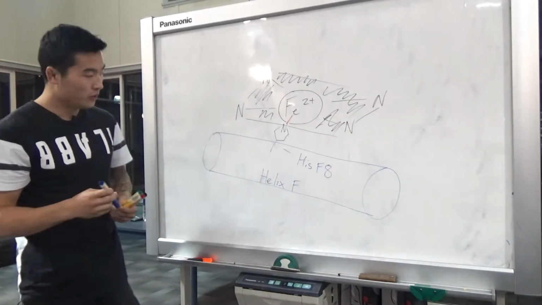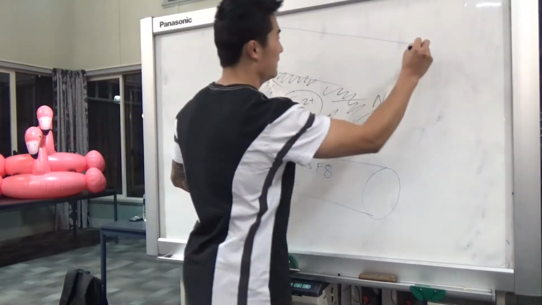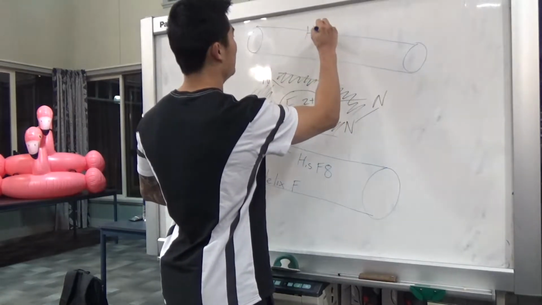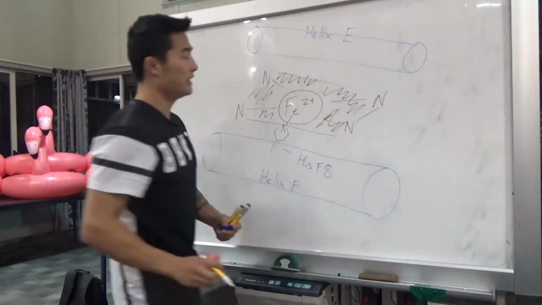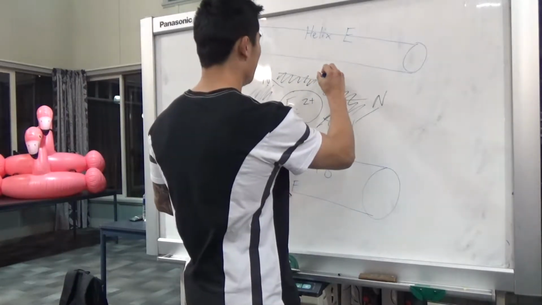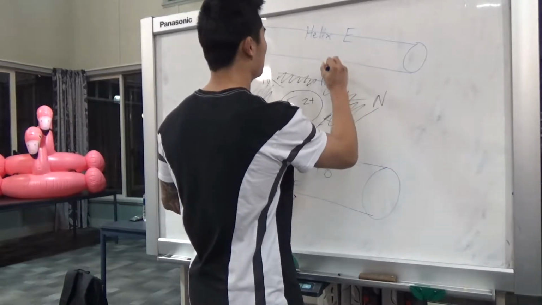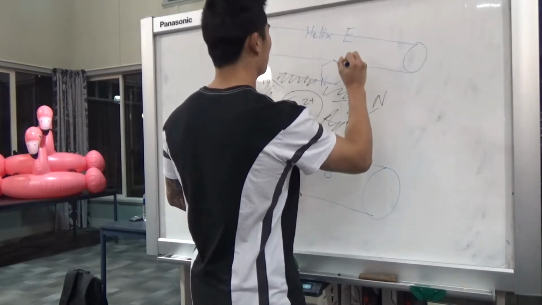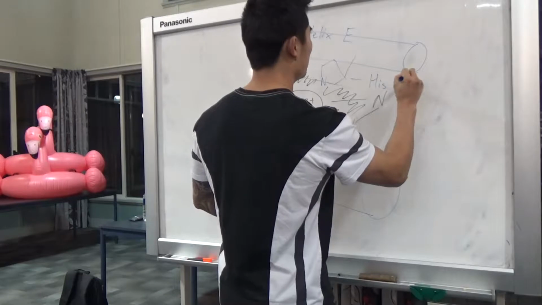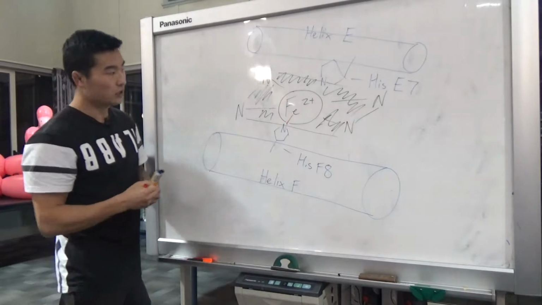Okay, and so on the top you're going to have another alpha helix, and this one is helix E. Okay, and so this one is histidine E7, okay, and that's just going to prevent oxygen.